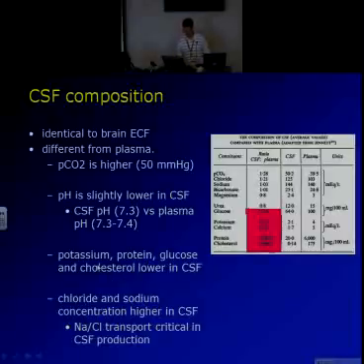Same thing with some of the other players that you would also find. Again, your blood-brain barrier only wants to maintain a small amount of what's necessary and really keep away the fluctuations of your bloodstream out of there. Your CNS really needs to have kind of a narrow equilibrium of happy, healthy environment, if you will.